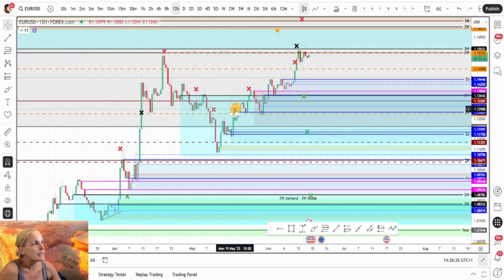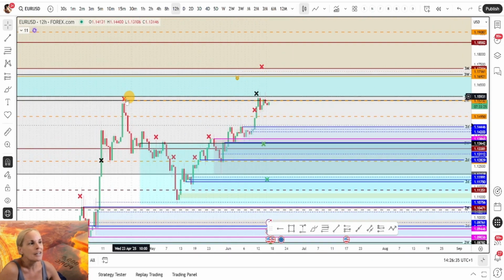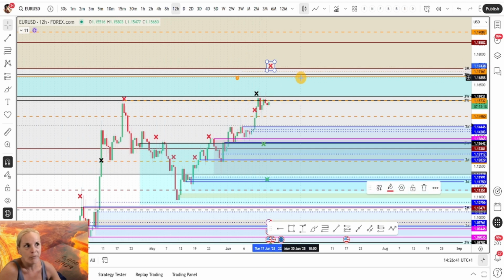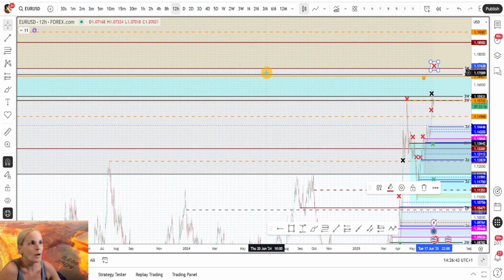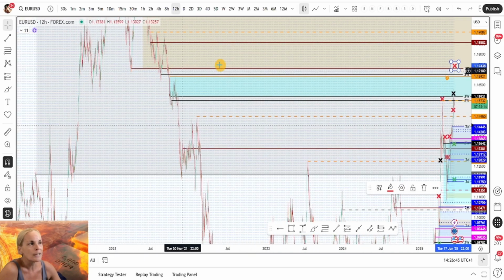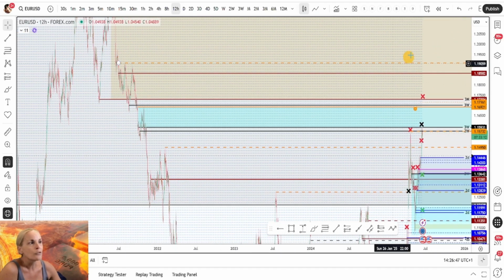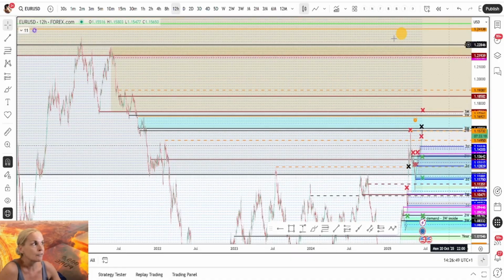Then I think here again I was shorting a little more aggressively in the hope we were going to see this annual play out, but it's now coming up again higher. And we had a 2-week supply here with a 3-week just above, and then as I said, we had that 3-month, much higher time frame zone up there that hasn't quite been tested over to the left. Bit of a gap in there. There's some stops above there. So it can still go significantly higher in this 3-month zone if it wants to.